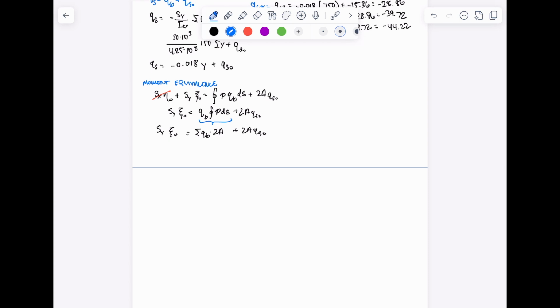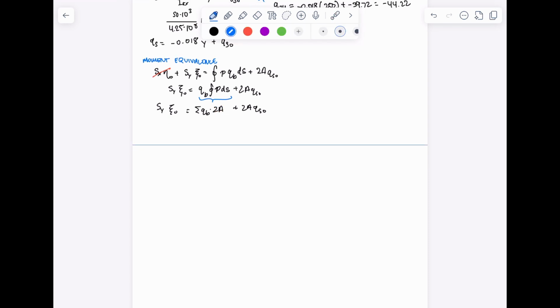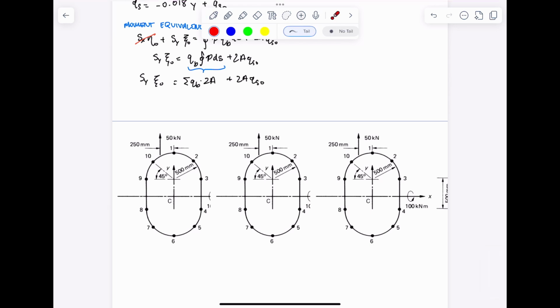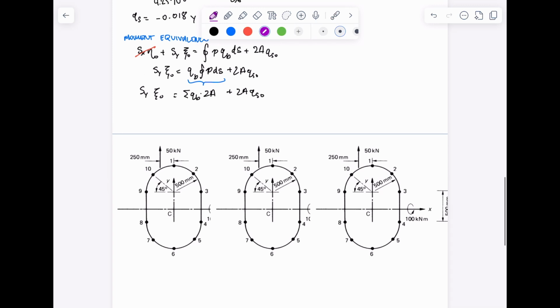Now, we need to find the area of each section. So, because it is symmetric, because it's doubly symmetric, we can say that we only had to solve the area for this part and say it's the same as this part, and all this is the same as this part. So, let's solve for the easiest section, which is from 3 to 4.